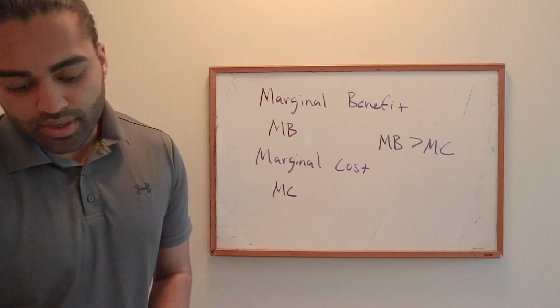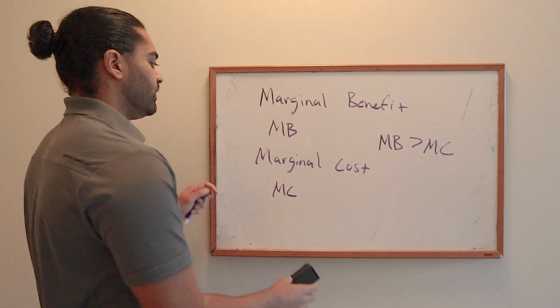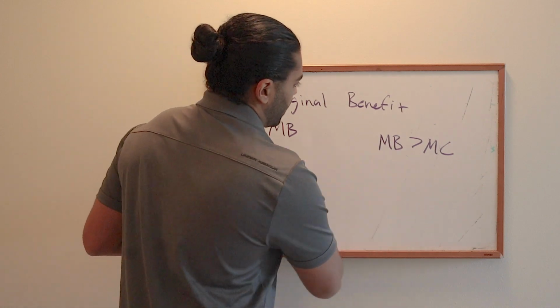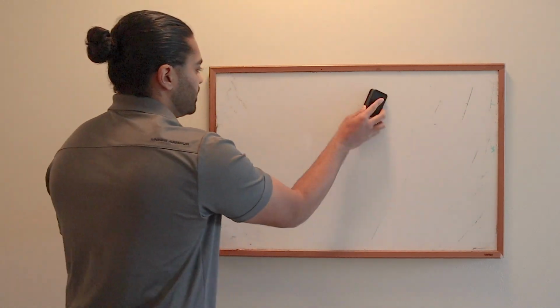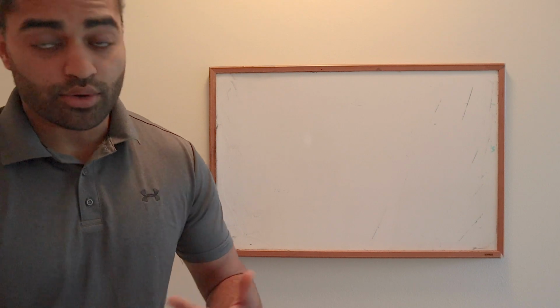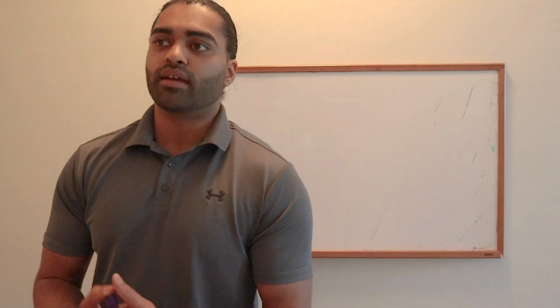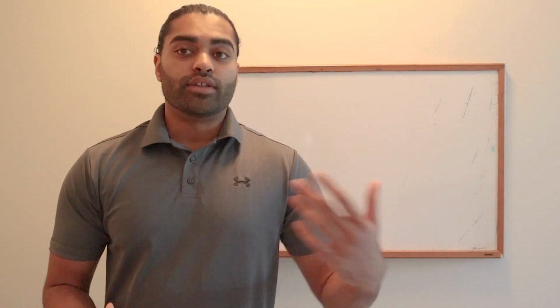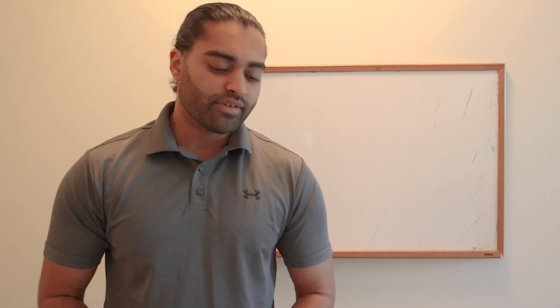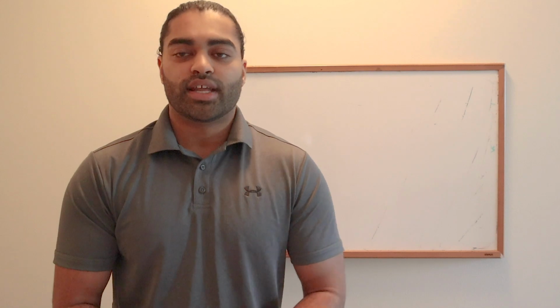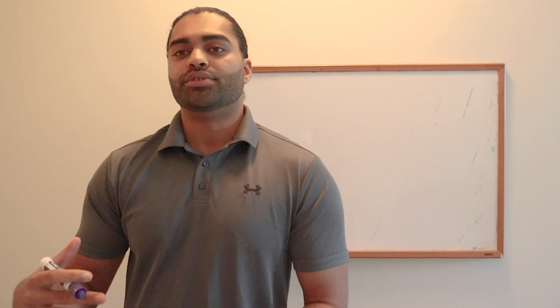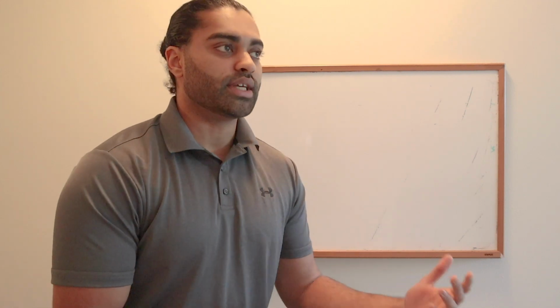Okay, so the next thing we're going to talk about is your opportunity cost. Basically, opportunity cost is what you give up in order to get something. So this is something that's in your everyday life. So another way that economics is in your everyday life is anytime you carry out a transaction, anytime you make a choice, there's always a cost associated with it. You're giving something up in order to get something.